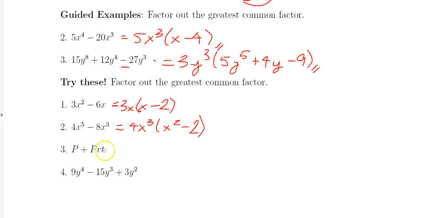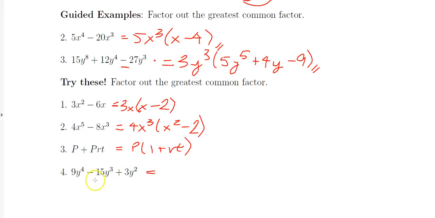In the third problem, we have p plus prt, and p is a common factor, and p times 1 gives us p back, plus r times t. If I take p times r times t, I get prt.